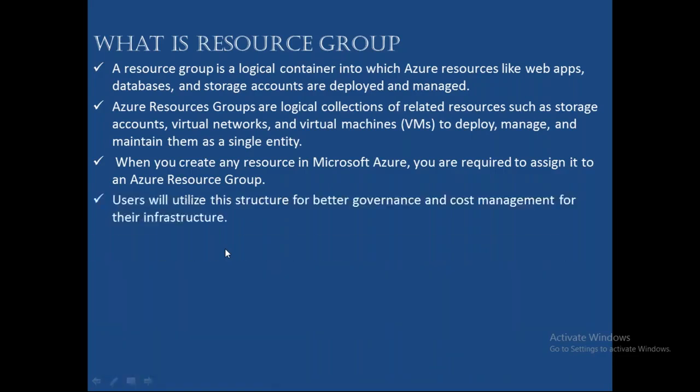Next. Users will utilize this structure for better governance and cost management of their infrastructure. What it means is, let's say I am using Azure Data Factory and Azure Databricks. Azure Data Factory, I am consuming 100 rupees. Azure Databricks, I am consuming 200 rupees. Total, 300. So instead of calculating each service's pricing independently, if you go to the resource group and ask, hey resource group, how much have you consumed, it will tell you, I consumed 300 rupees.